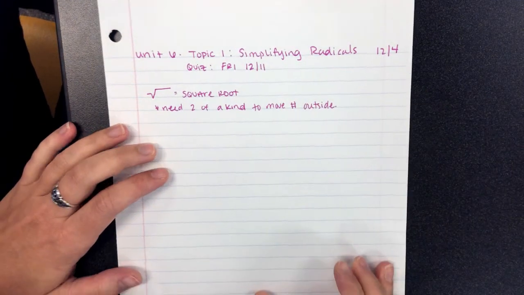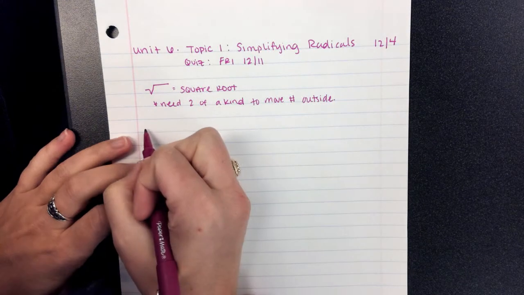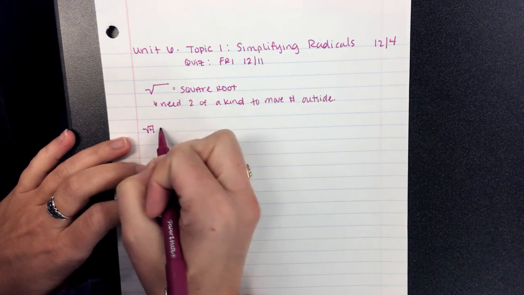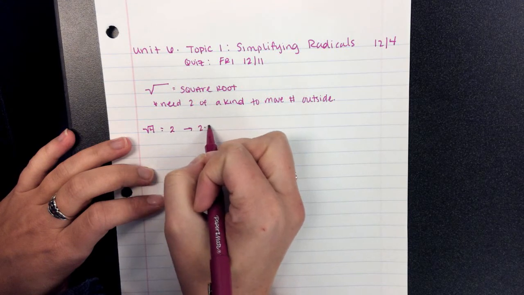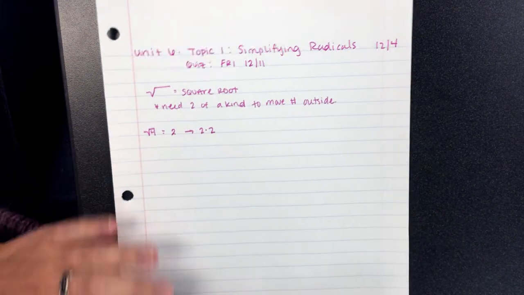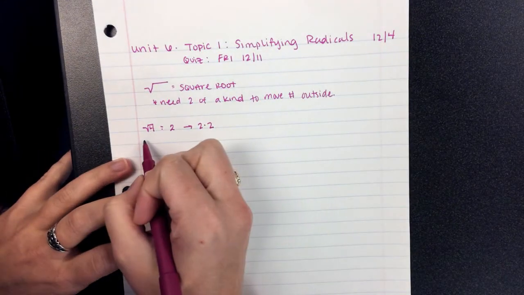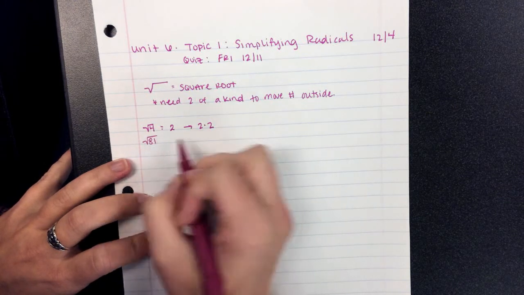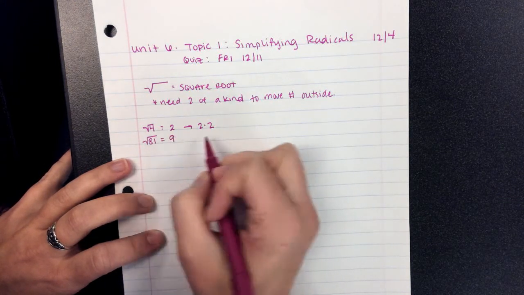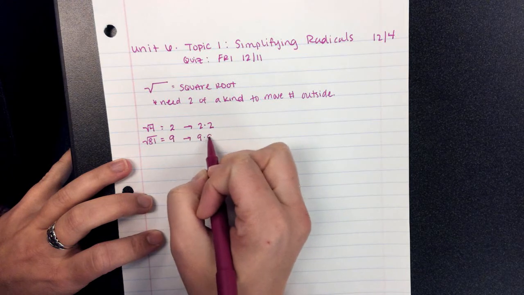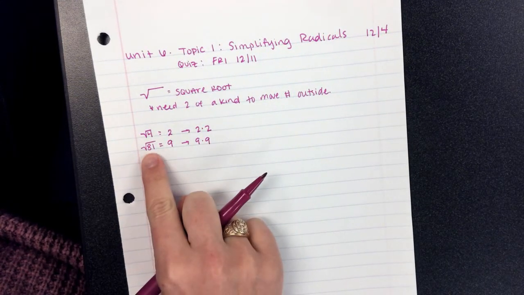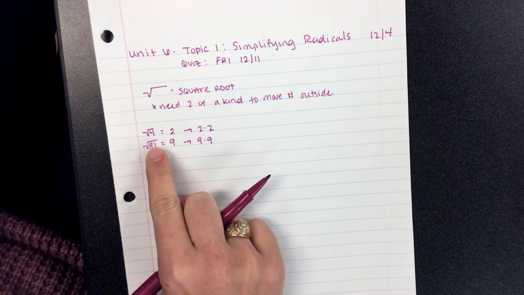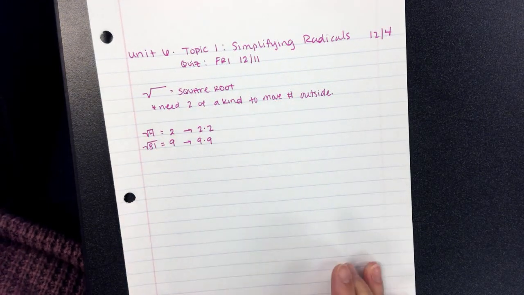For example, the square root of 4 is 2, because 2 times 2 is 4. The square root of 81 is 9, because 9 times 9 is 81. Two of the exact same things multiplied together gives me the number under the radical.